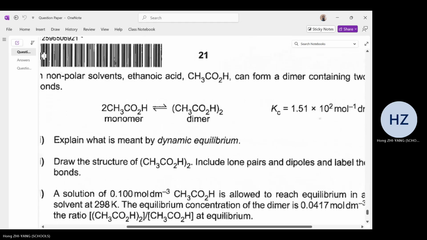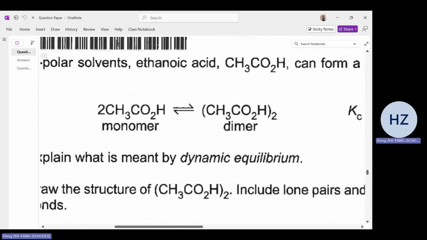Okay, the idea here is if you have a lot of water present, your monomer will want to form hydrogen bonds with water. Why? What's the reason? It just has too much water. What are the chances of it forming together to form a dimer versus itself with water?